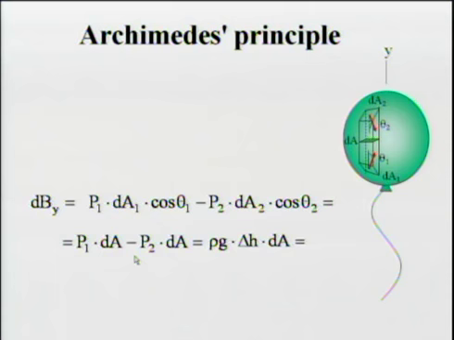Now I can write down the expression explicitly. Multiplication is distributive over addition, so I can pull out this dA in front, and I have the difference in pressure. Pressure at one height is density of the fluid multiplied by acceleration due to gravity times the depth in the fluid, and the other one will also have density, acceleration due to gravity, and the other depth.